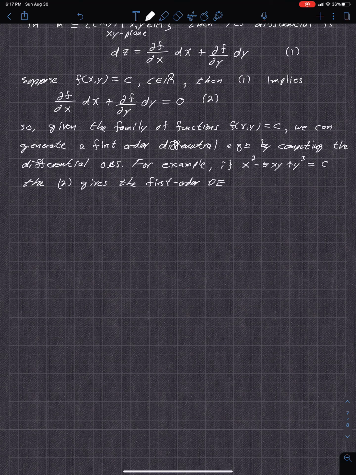You just take those partials and put it in that form. Take the partials with respect to x first, and then with respect to y. And so you'd get (2x minus 5y) dx plus (negative 5x plus 3y squared) dy equal to 0. We're going to call that equation 3.